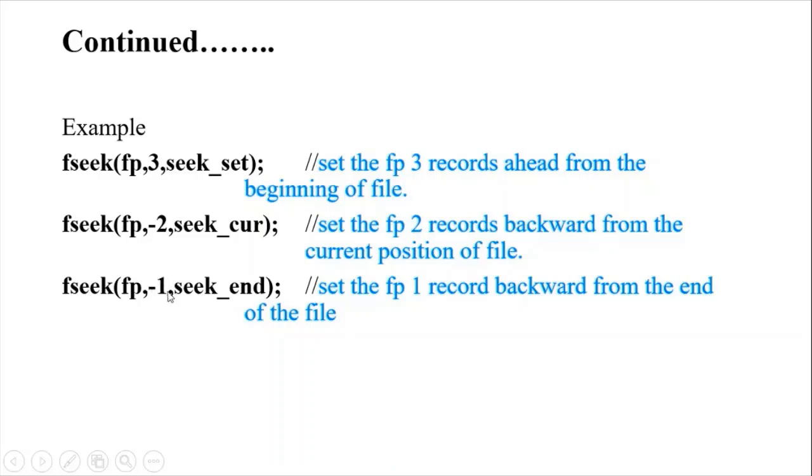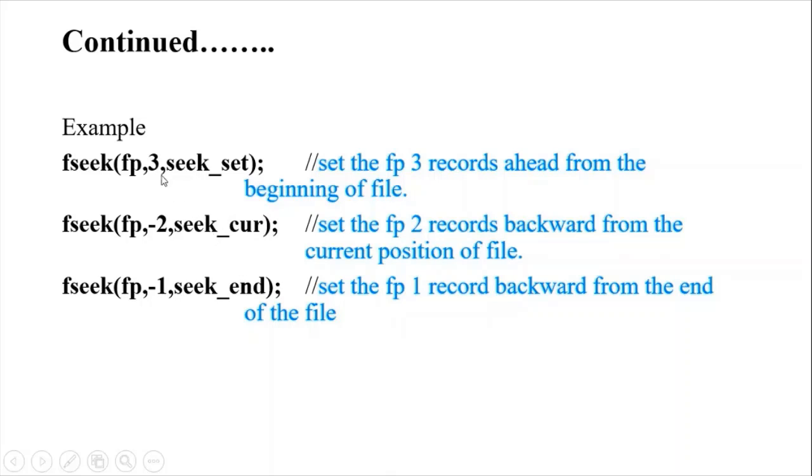Then the next one is fp, minus 1, SEEK_END, which means it will jump 1 record backward from the end of the file. So based on this third value, the whence parameter, SEEK_SET, SEEK_CUR or SEEK_END, it will decide where to jump from.